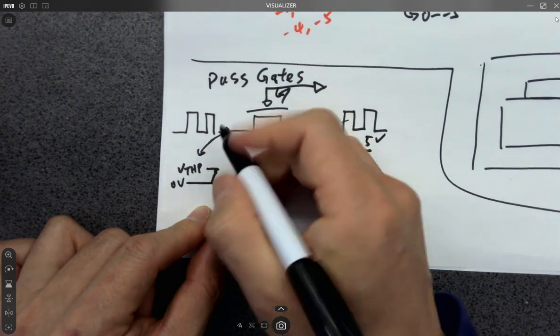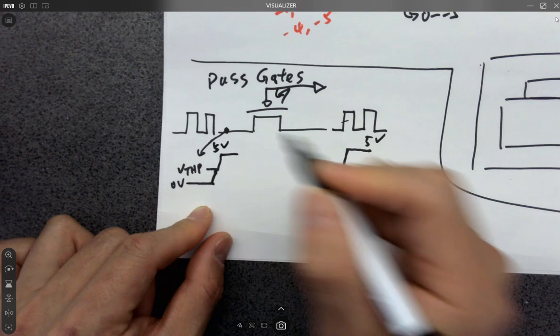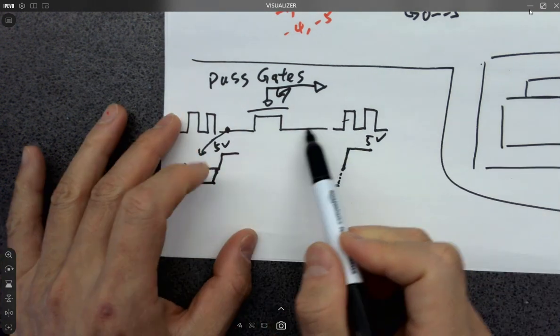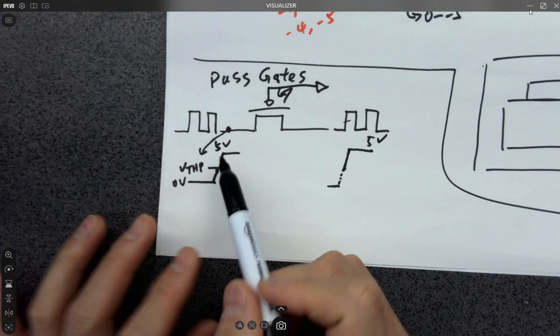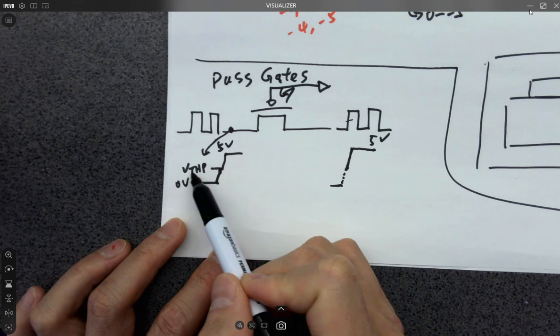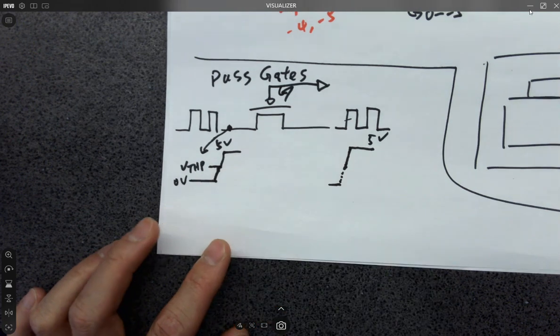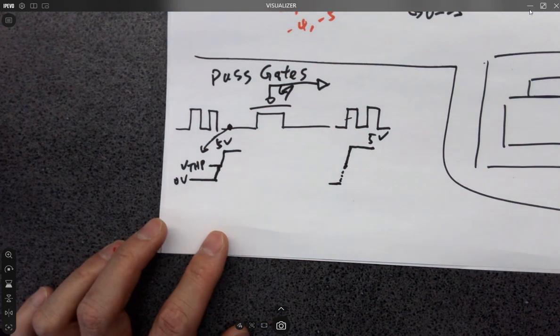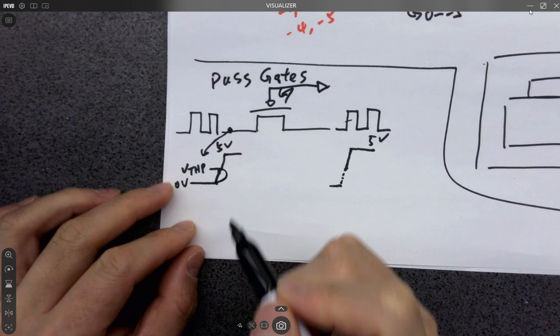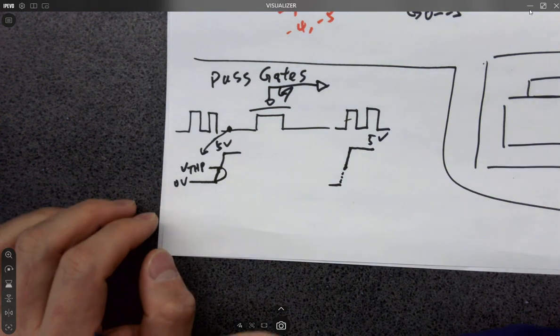Whenever this reaches 5 volts, or the highest voltage in the circuit, anything can pass to the other side, because any voltage above this line will be higher than VTHP. It's giving you a VSG higher than VTHP. Does it lose VTHP in the voltage? Yeah, so that's why this part is not passing to the other side. It's losing.